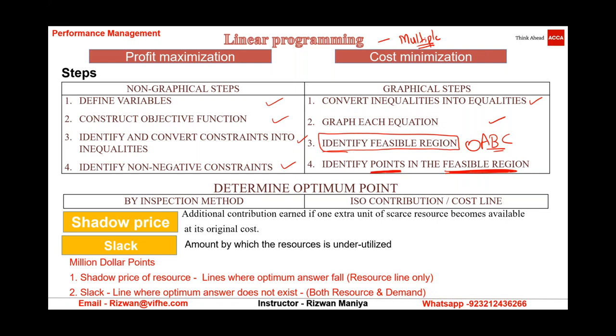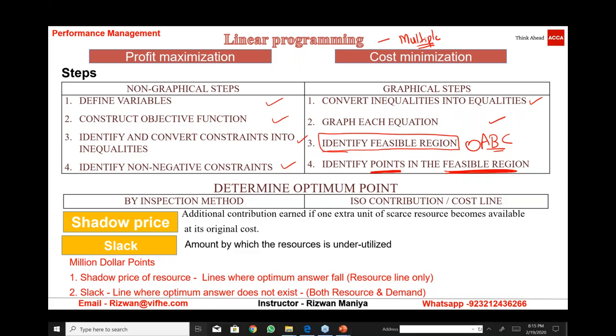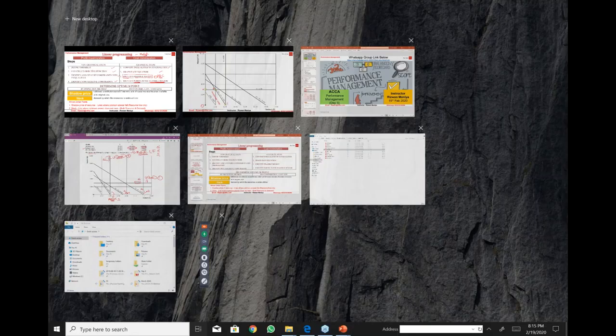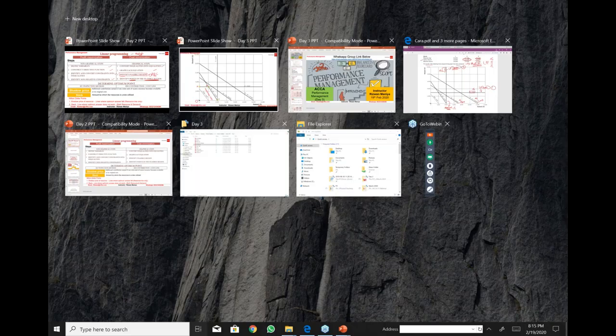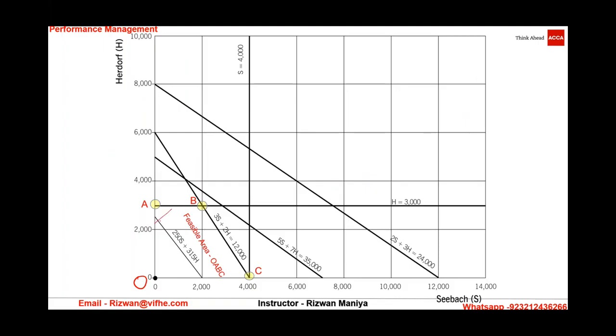So what are the corners of the feasible area? You can see here the corners of the feasible area are very clearly mentioned, and those are A, B, and C. So the most inner region, you can see this is the most inner region, and this is the feasible area. When all the inequalities are less than or equal to, the most inner region is the feasible area.